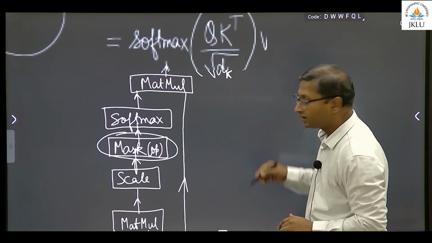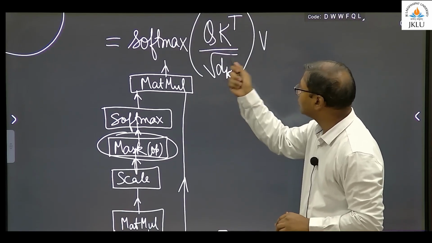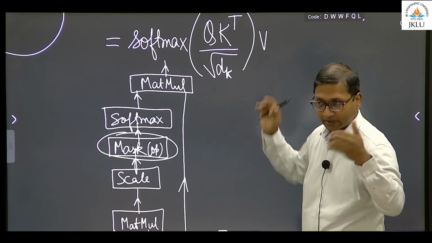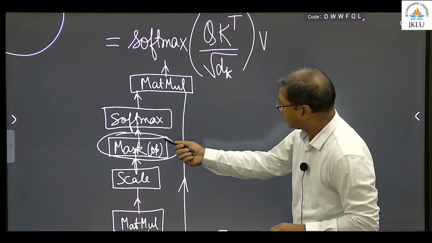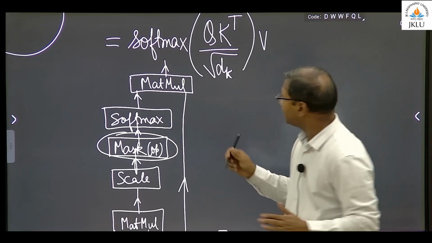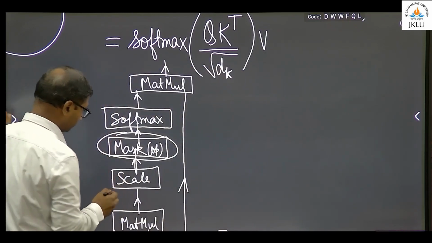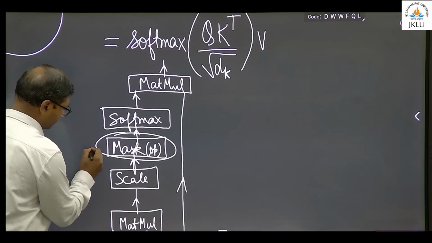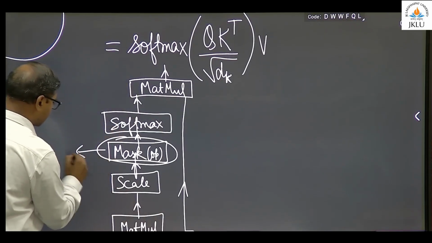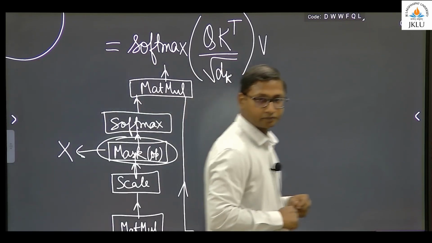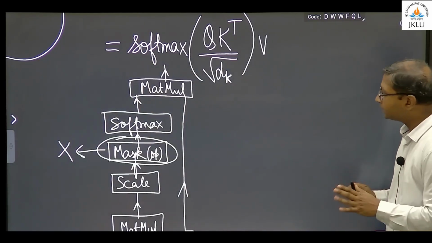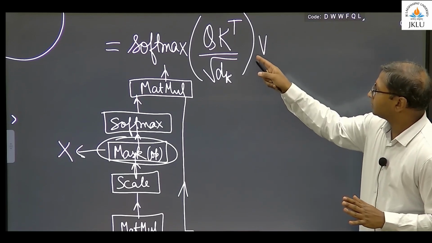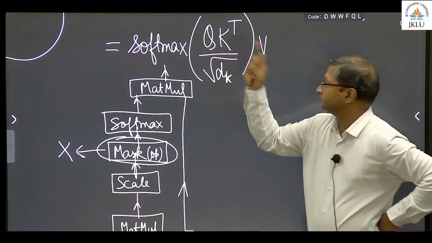What is scale? Dividing by under root of some number dk that we will see. And mask is optional. In this case, we don't have it right now, so we are not keeping mask for the time being. Done? Tell me what is happening here.